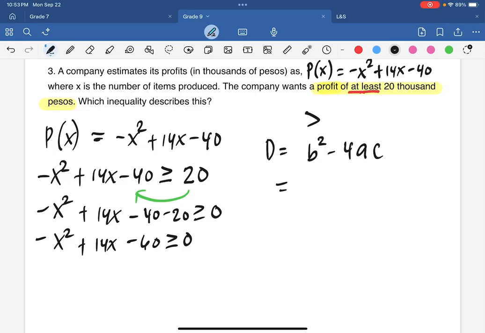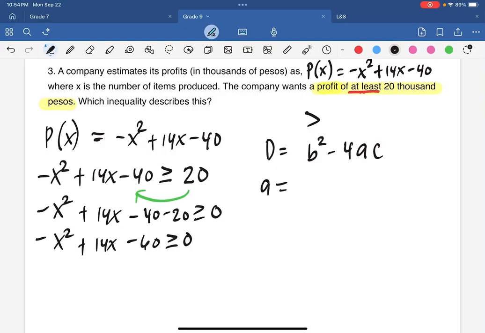The nature of our discriminant will tell us if our values of the variable are real and equal if the discriminant is 0, real and unequal or distinct if it's not 0, and imaginary if the result of the discriminant is negative. So based on this, let's first identify the a, b, and c.